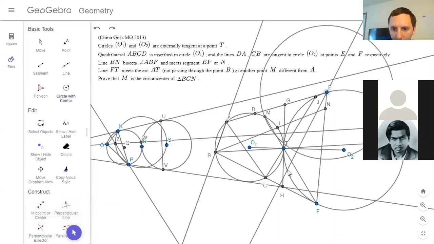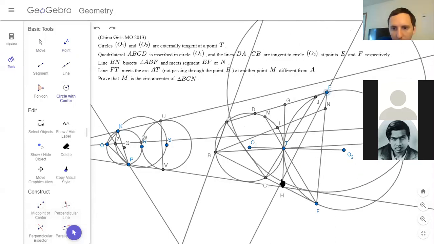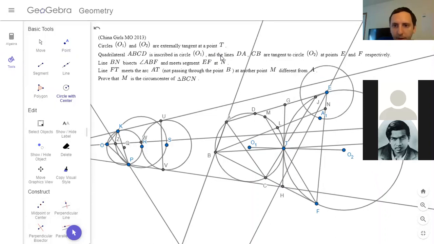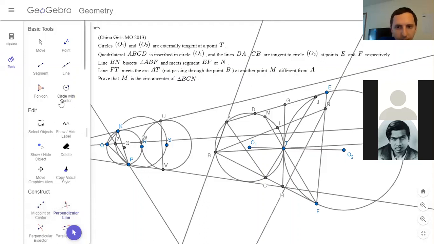We'll just check it this way. No, I don't think, oh, because I'm looking at E, not N. My bad. I drop the perpendicular. Yeah, that's the excenter.